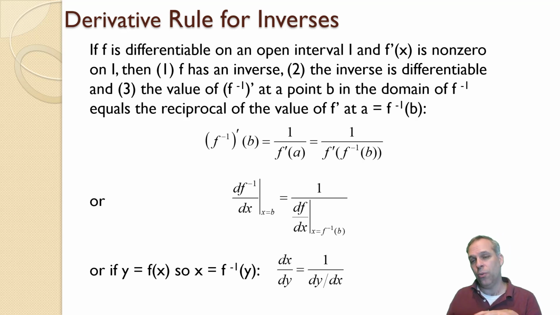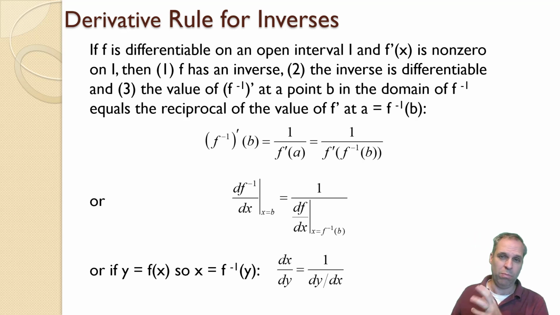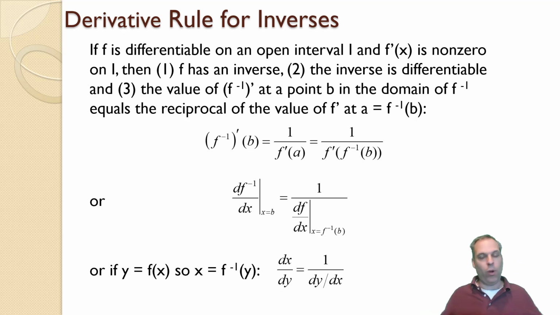But there are alternate ways which are faster to write. So you also have this way here using more like Leibniz notation. If you just get rid of all the evaluations and think of it as functions of x, functions of inputs, and you say that y is a function of x, that means x is a function of y. That function is called the inverse function.